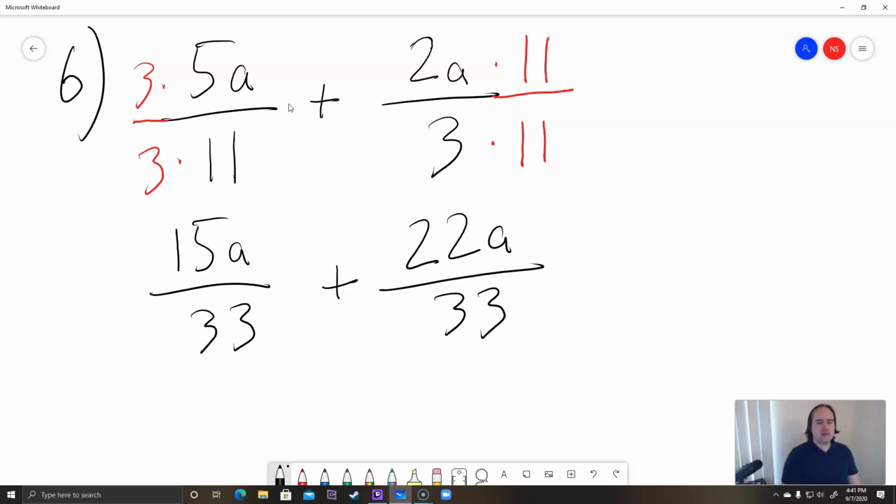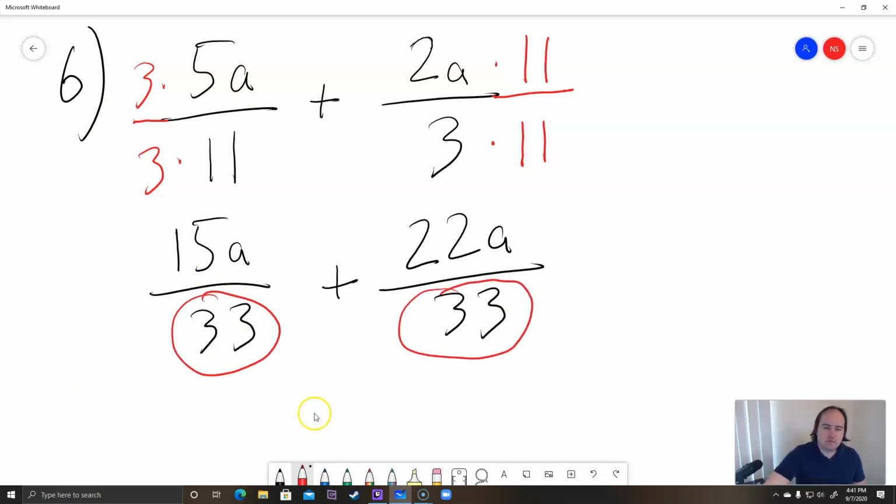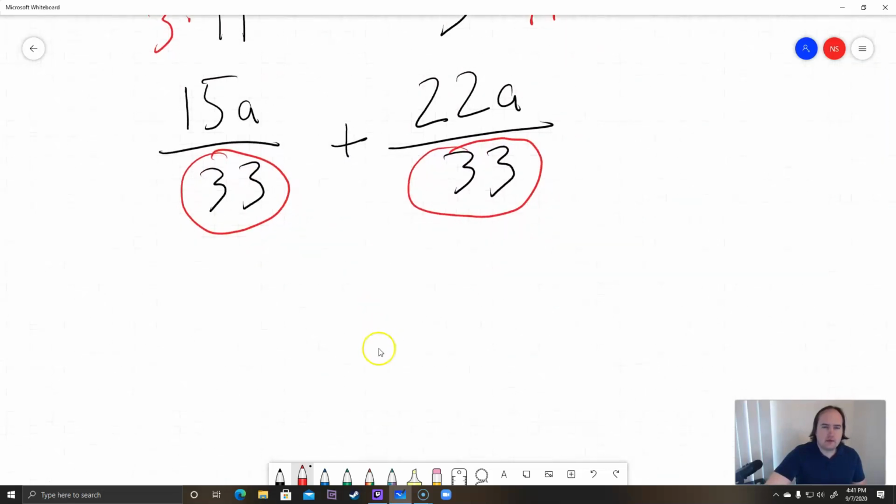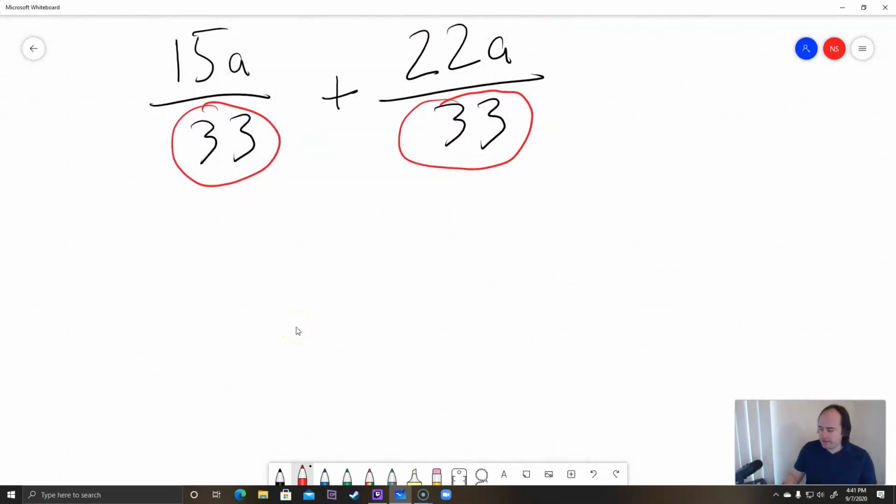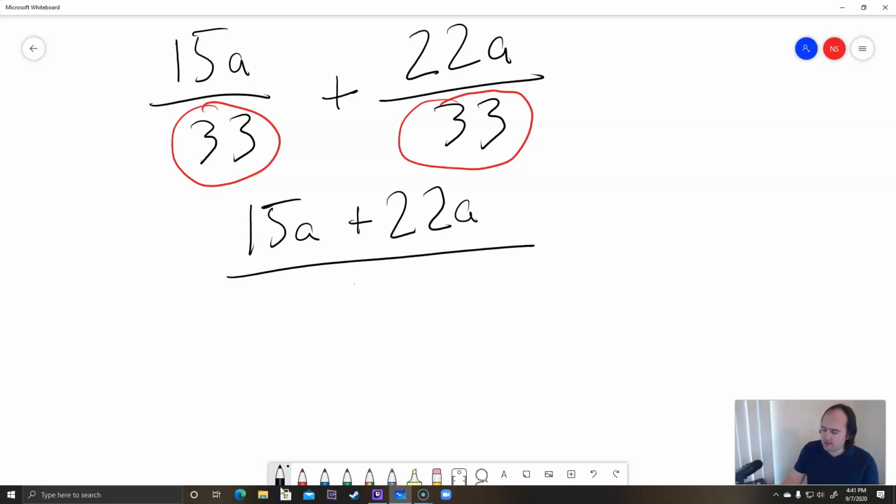Okay, so we actually have the same denominator now. They're both 33, which is what we wanted. So now these are like fractions. So we keep the denominator and we add the numerator. So in the numerator, we actually have 15a plus 22a. And this is all over our denominator, which is 33.